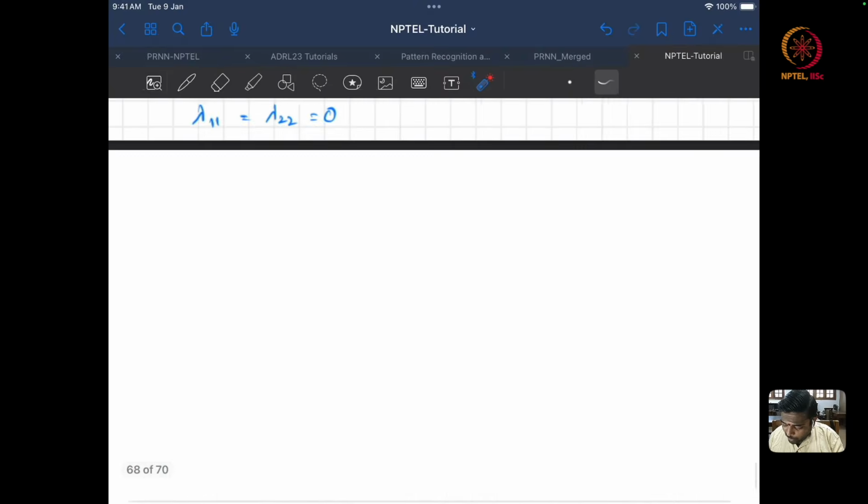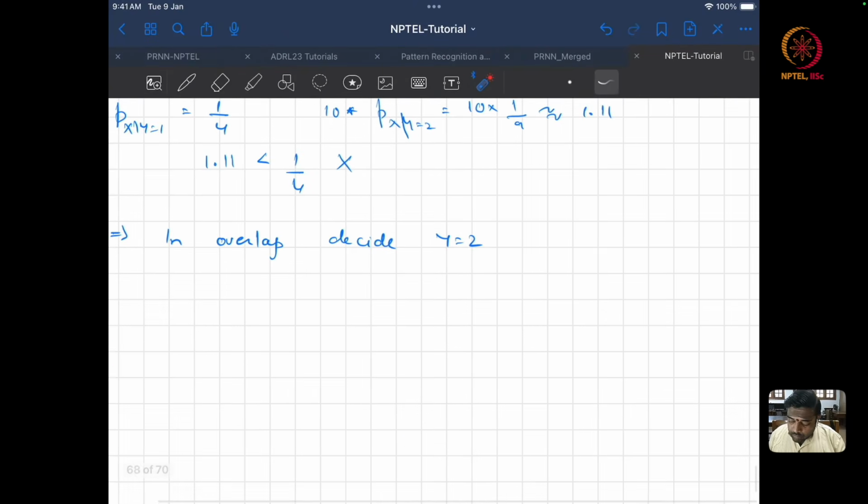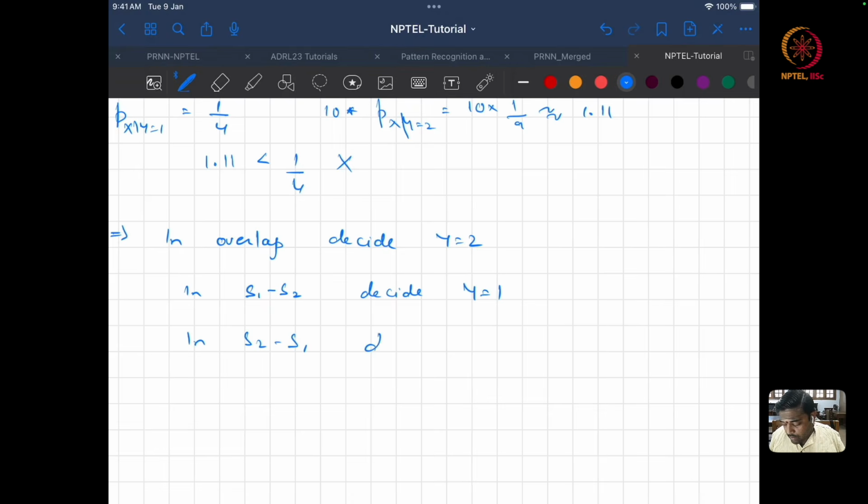Finally, what does the classifier boil down to? In S1 minus S2, we decide y is equal to 1. In S2 minus S1, we decide y is equal to 2.